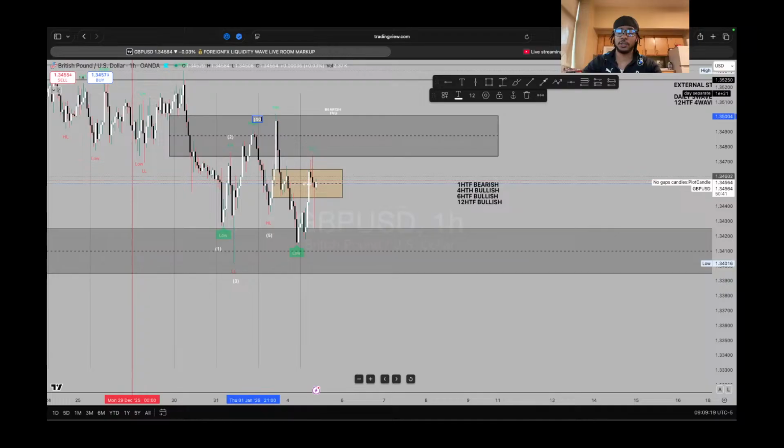Like honestly, from last week I had marked this out, but when I was reanalyzing, I saw that we're realistically within a bearish transition right now, but the overall trend is bullish. 4 hour to 12 hour is bullish, so I don't want to go against that narrative where we have a majority of the time frames bullish.